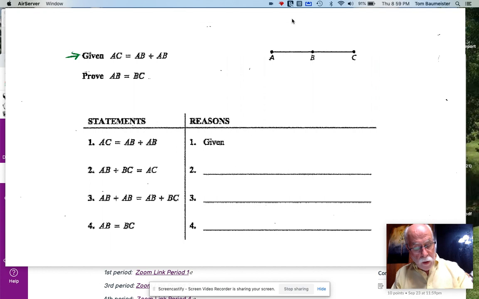What you're trying to prove is always going to be the last statement. Sometimes, if they have a diagram, you want to copy it.